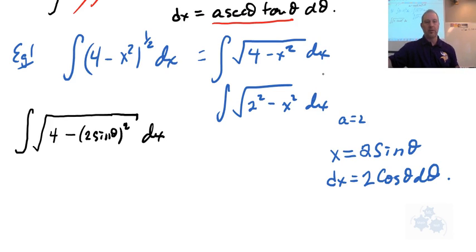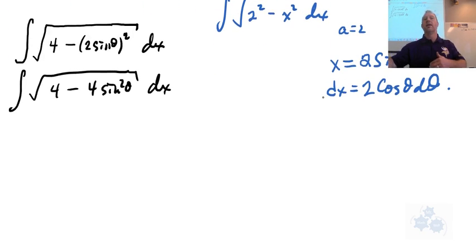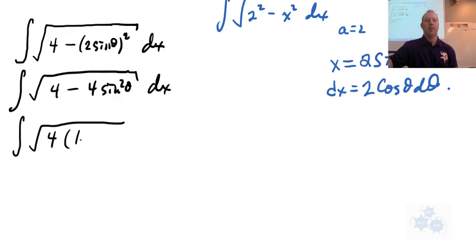So now let's do some simplification in here. All right, so this is actually the square root of 4 minus 4 sine squared theta. And you guys are quick as whips already. You're already seeing that we're going to be able to see a 1 minus sine squared in here, right? So we pull a 4 out, and I'm left with 1 minus sine squared theta.